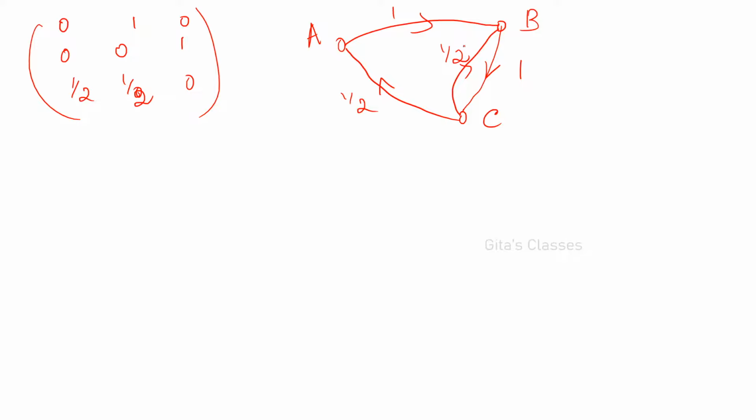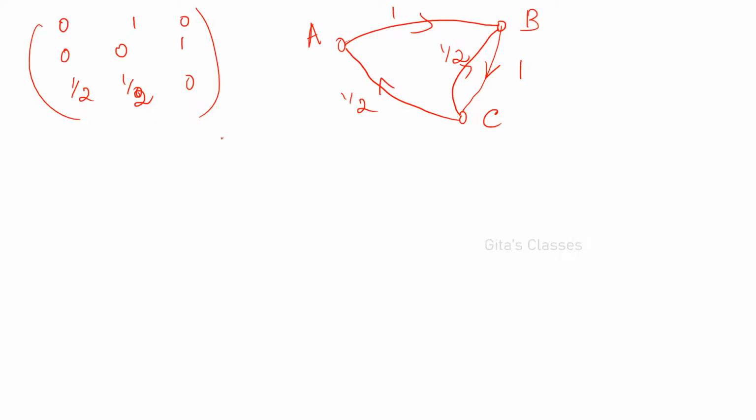Now you have to see A, B, C. What is the status of the states? What are the types? Let us see. Is it irreducible or is it recurrent? From A, I can go to B. Then from B, are you able to come back to A? From A, if I move to B, from B to C, then C to A, I can come back.